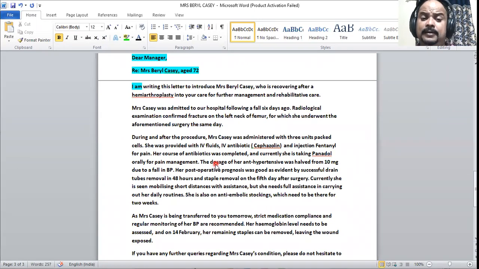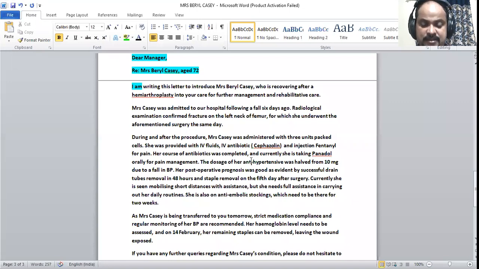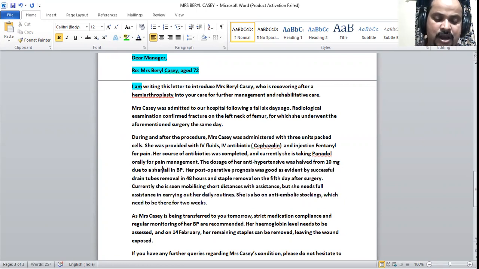One more thing, medication is important. One more. Because she was taking Ramipril, the dosage of her antihypertensive. So here it is spelling antihypertensive was halved from 10 mg due to a, I can say, sharp fall in BP.